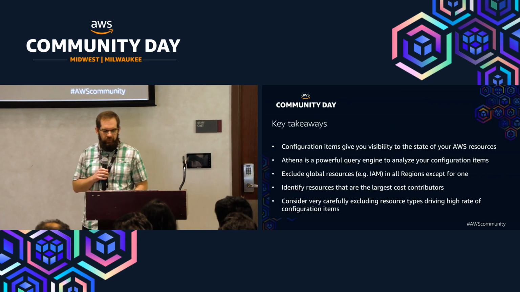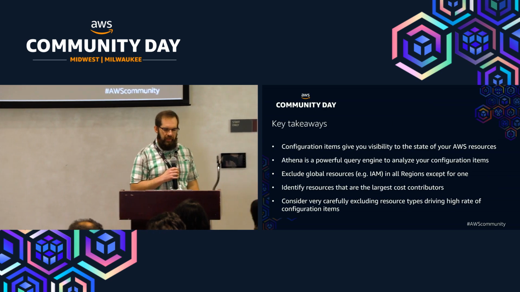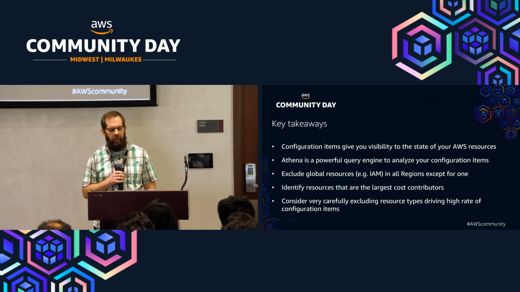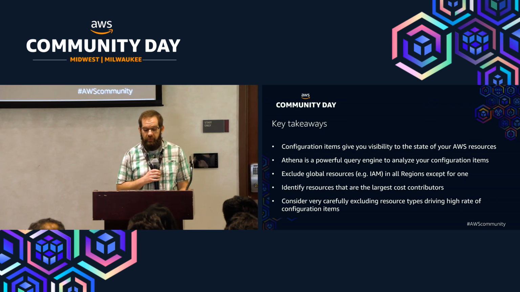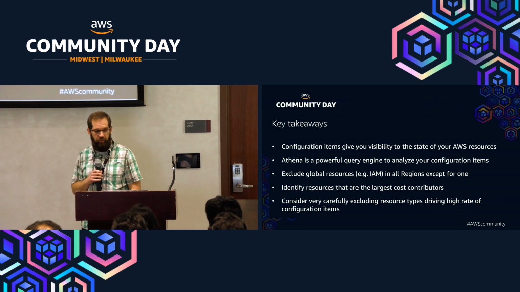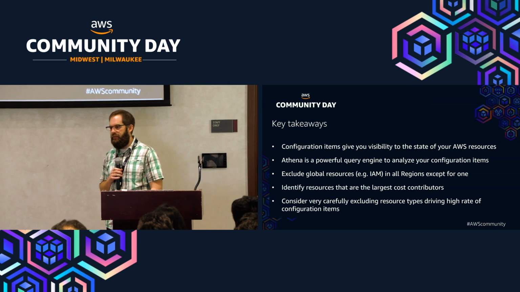So just to recap, key takeaways. Configuration items are really about giving you visibility into the state of all of your AWS resources. Athena, as talked about, is a powerful query engine that you can use to analyze those configuration items.